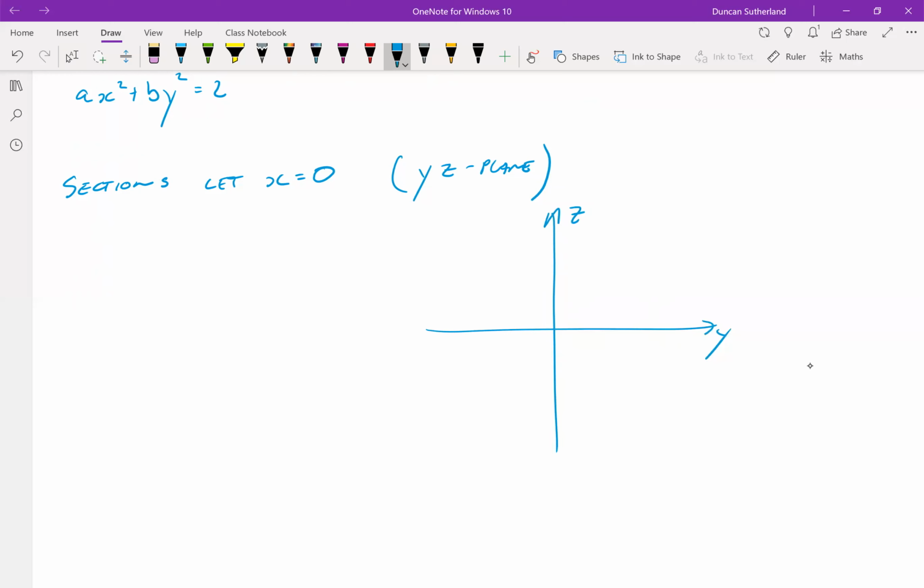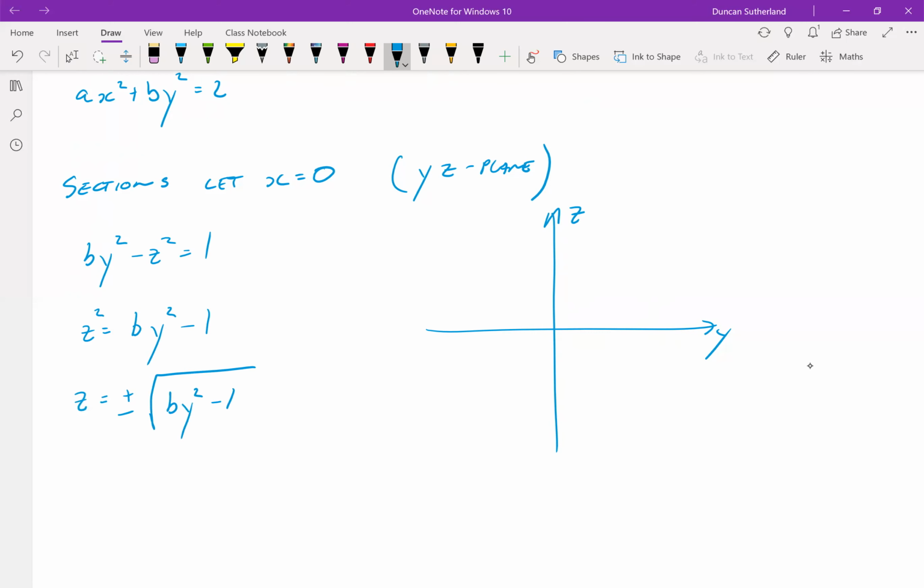We have by squared minus z squared equals 1. That's what we get when we plug into our equation. So we have z equals plus or minus the square root of by squared minus 1.